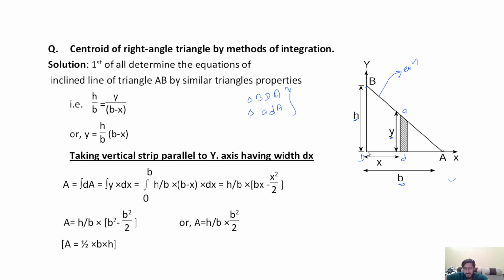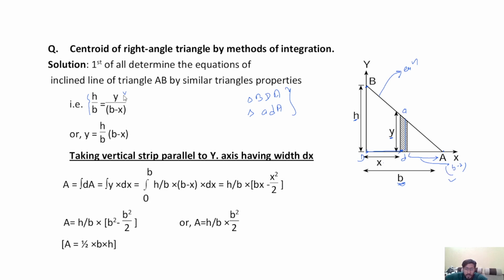overall height h divided by overall base b in the big triangle. And in this small triangle, the small height is AD, that means y, divided by this distance. The overall distance is b, and from the reference y-axis to this strip is x, so this distance is b minus x.